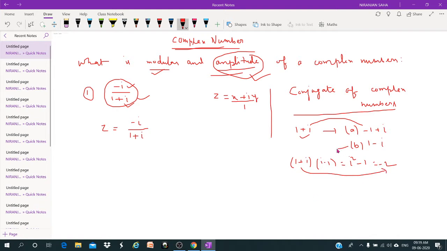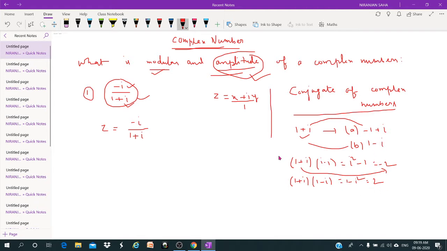If you use the second type, 1 plus iota times 1 minus iota, it will be 1 minus iota square, and since iota square is minus 1, it will be plus 2. So both can transform the complex number into a real number.